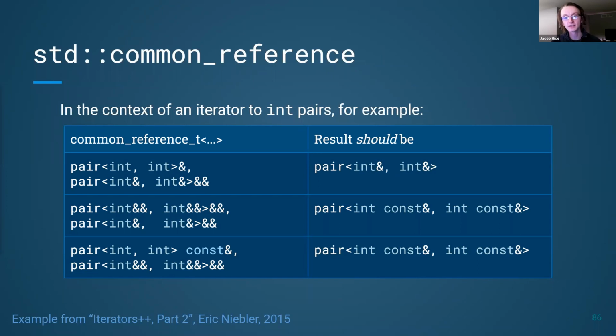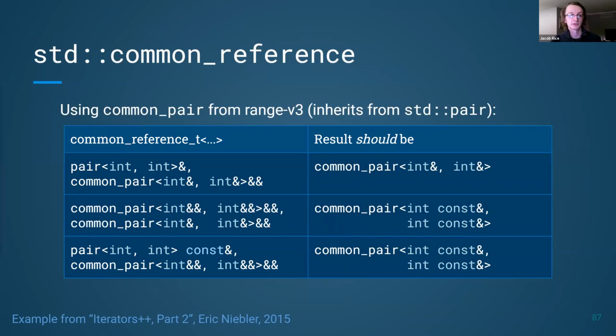So to do this correctly, your iterator would basically need to have some iterator-specific pair-like type that customizes common reference, rather than using std::pair. Okay? So one of those types is common_pair from range-v3. Obviously, they've solved this problem. So this is what common reference looks like for common_pair, and it even has common references with the normal std::pair.